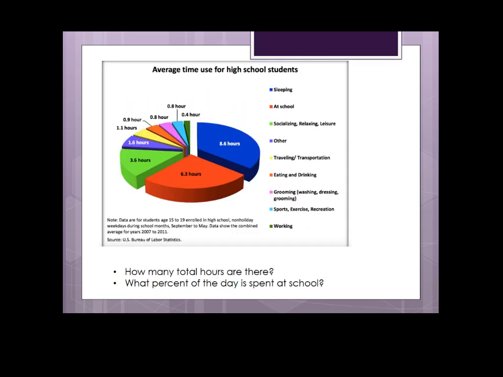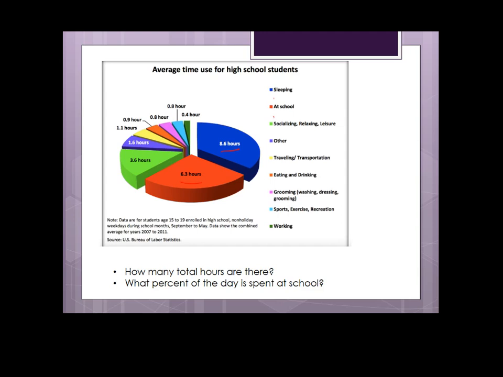Okay, so this is average time used for high school students. There's a little key here on the side. So how many total hours are there? Well, in order to figure that out, we have to add all of these together. So if you add 8.6, 6.3, etc. Now we know what it should come out to be in a full day, but let's just add and see what we get.